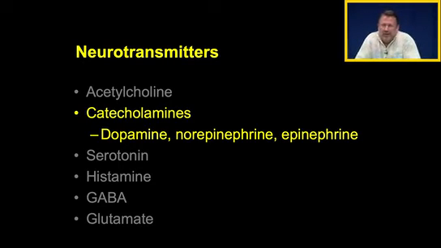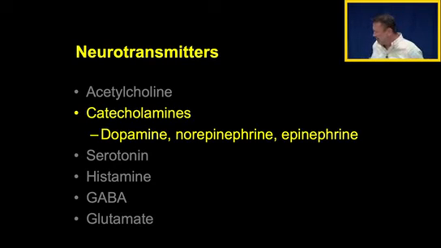All right, to get through autonomic pharmacology, the next lecture, all we have to know about the catecholamines is actually norepinephrine and epinephrine. We'll talk a lot about dopamine and the disease processes related to dopamine when we get to central nervous system pharmacology.